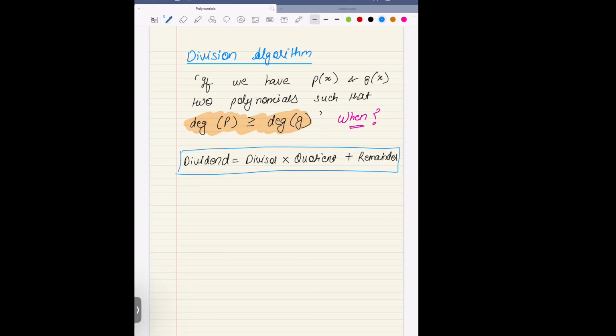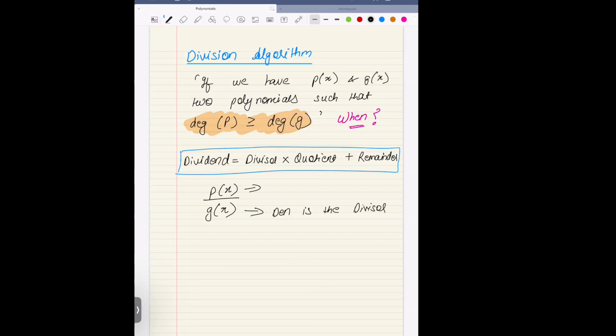Some people have doubt on what is dividend and what is divisor. Quotient and remainder people generally know, so I'll tell you what is a dividend and what is a divisor. The dividend is the number, and the divisor is what you divide it by. The denominator is the divisor always, the thing you divide with.